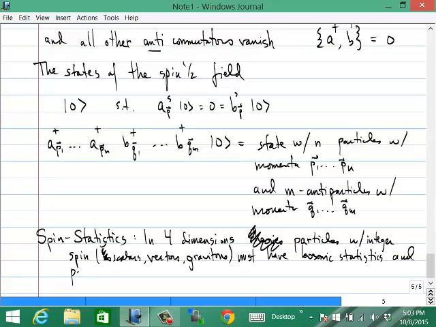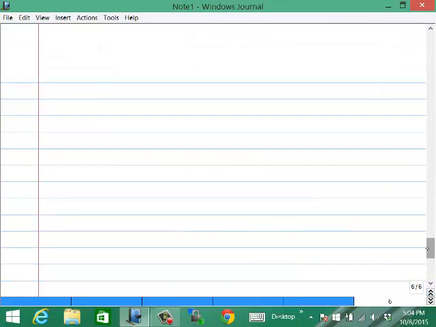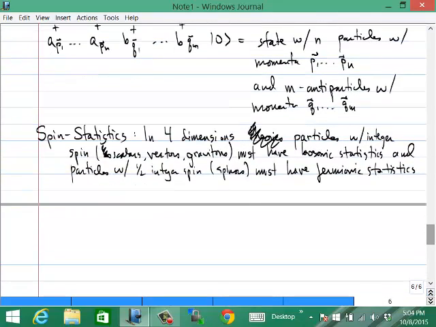And particles with half-integer spin, namely spinors, must have odd statistics, so must have fermionic statistics. And what goes wrong if you don't do this?